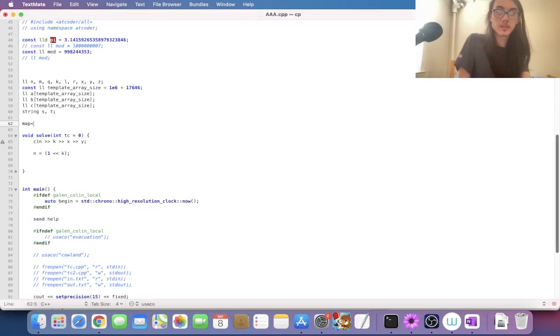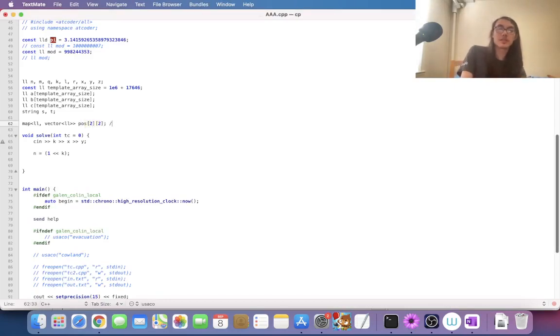Alright, so now a map from a long long to a vector, I guess, for the meet in the middle possibilities.